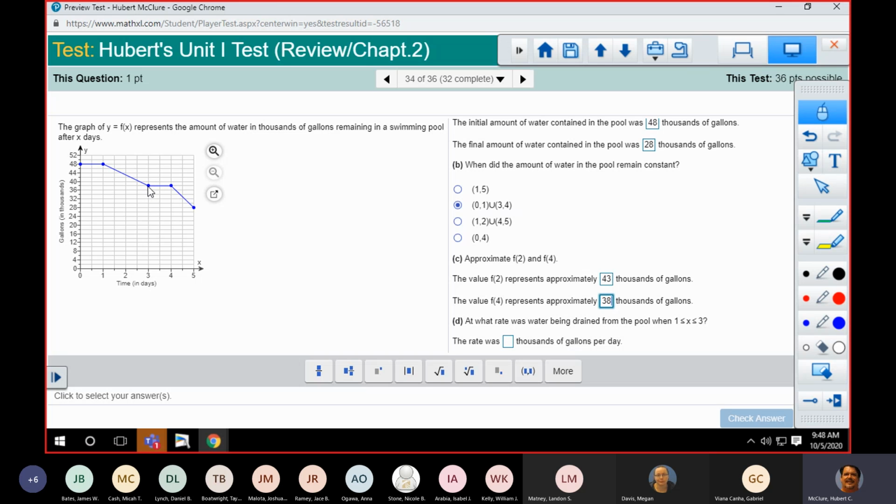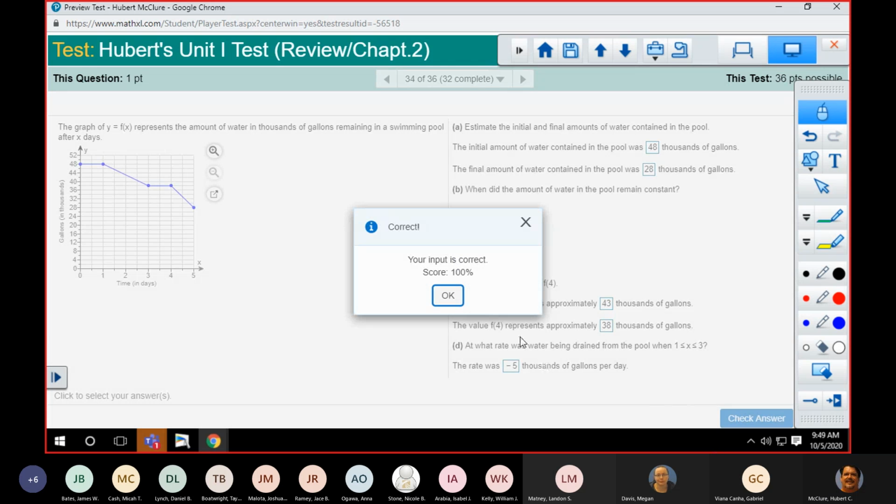So 38,000 minus 48,000 is negative 10,000. And 3 minus 1 is 2, so it would be 5,000. Now they might want the negative because it's a negative slope. Might want 5,000 gallons. That's it.